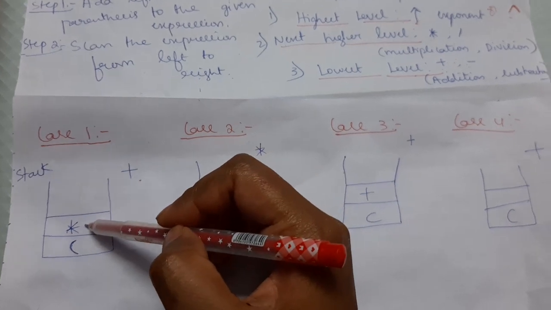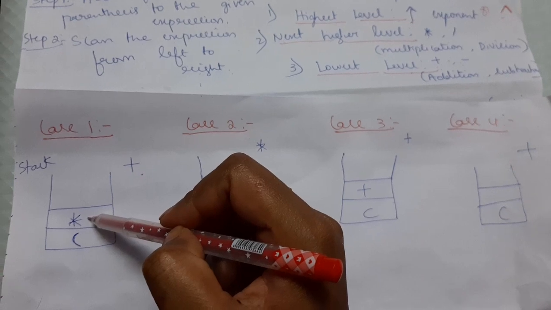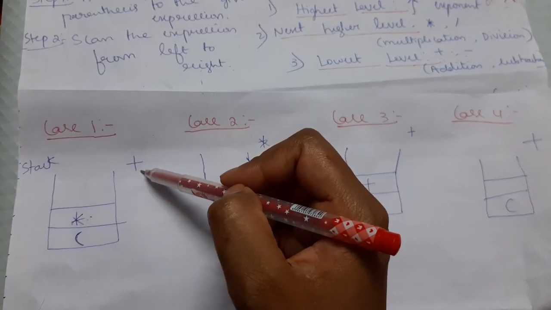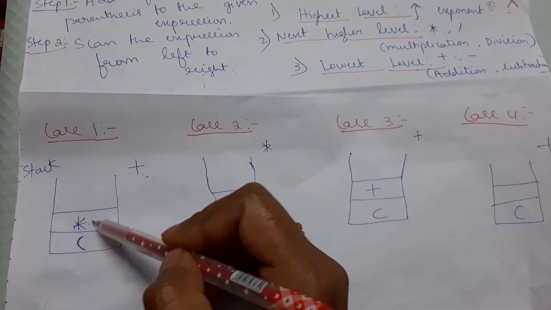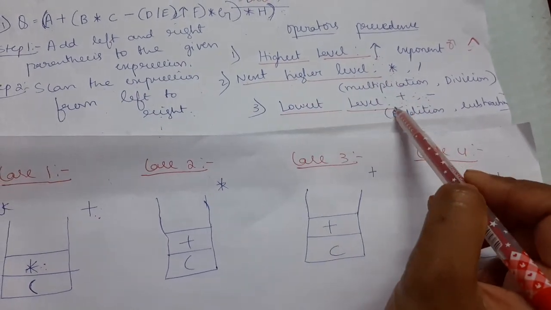On the stack there is already an operator star on the top of the stack. Before pushing, you have to compare this operator with the operator to be pushed. Now you can see that the star has higher priority when compared to plus, correct?